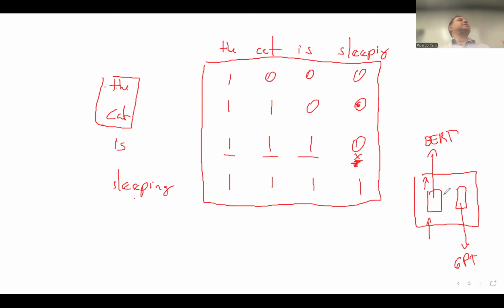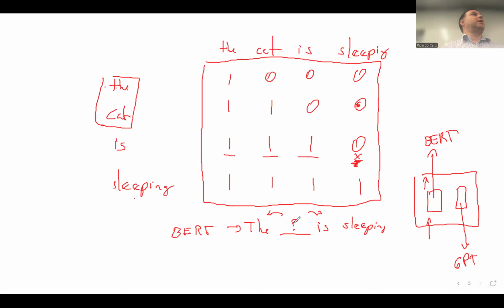The GPT does not have that goal. The GPT has the goal of predicting a term in the future. So BERT would work like this: the blank is sleeping, but it can look at this and that to answer this question.